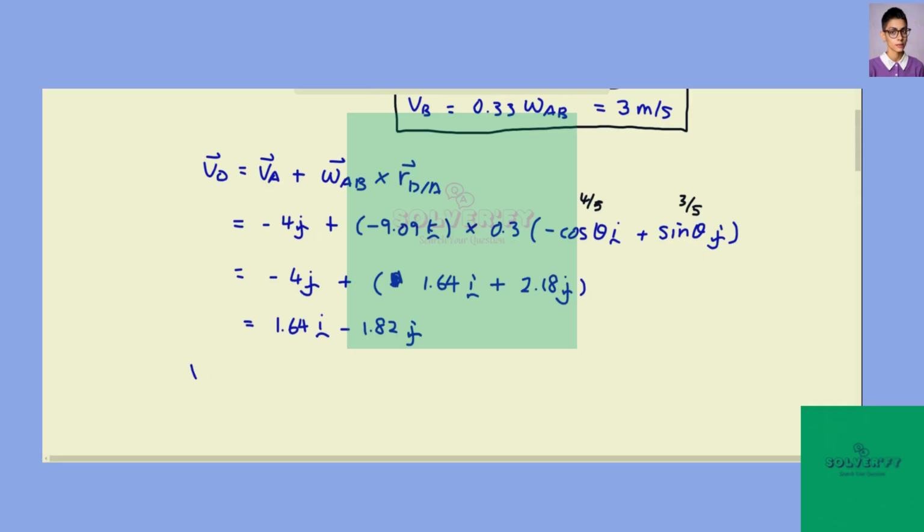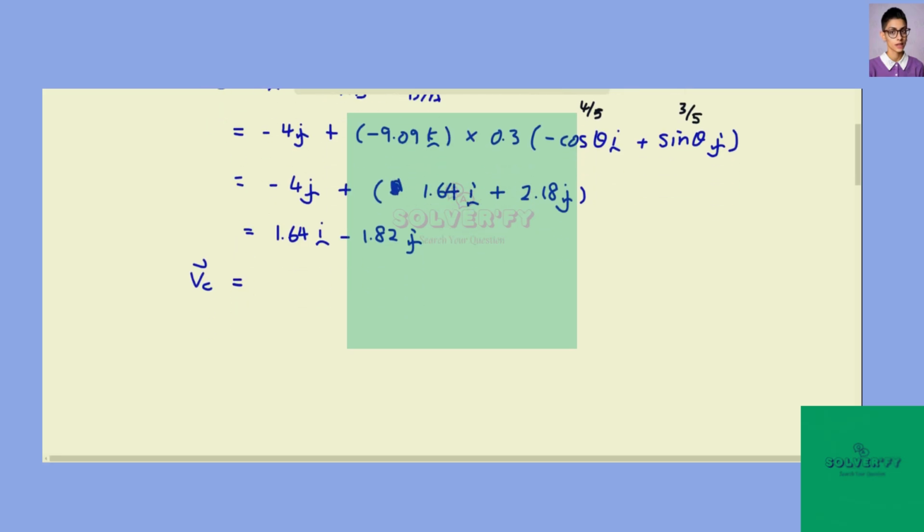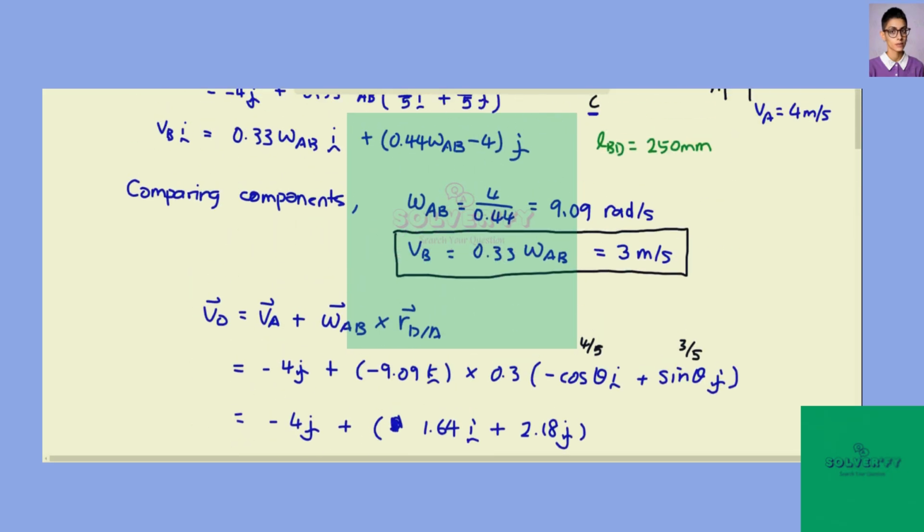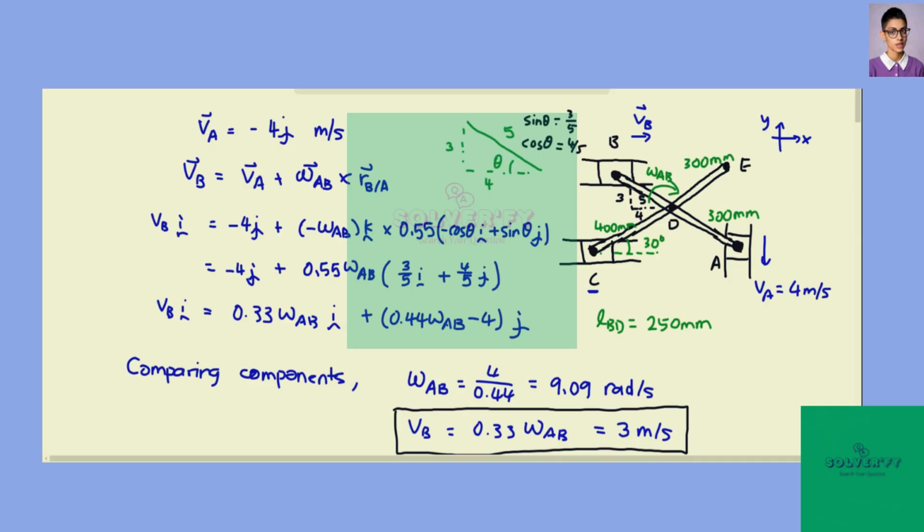Next, we find VC. Okay, VC will be equal to VD plus omega CD cross RC relative to D. So based on the diagram, again, VC is going to move to the right.